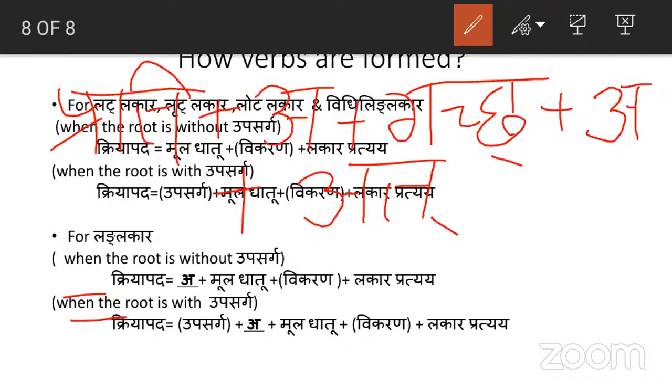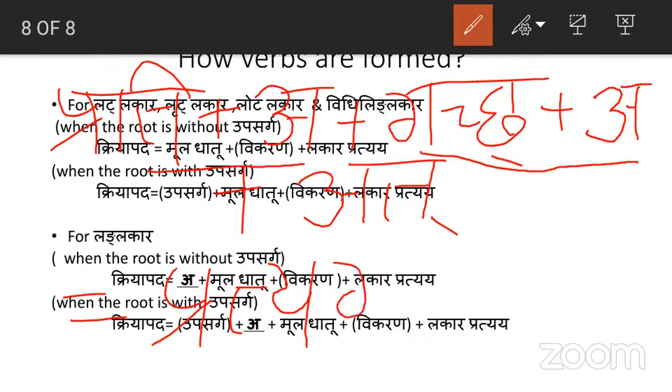See, in prati, e ki matra is there, right? So this e ki matra plus a becomes ya. So it becomes prati. This e ki matra and a forms ya. Next gach halanta plus a becomes cha, and then this didn't mix with that to make a long a, it remains only a, and the at.